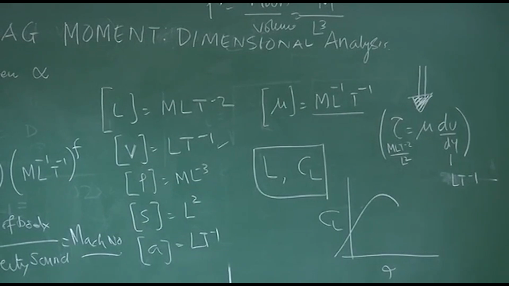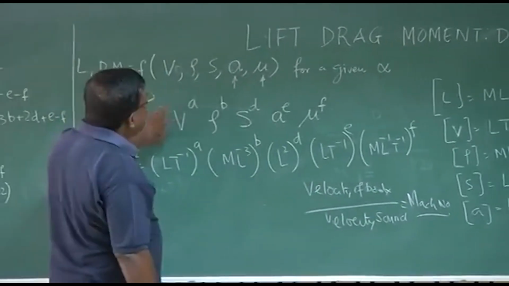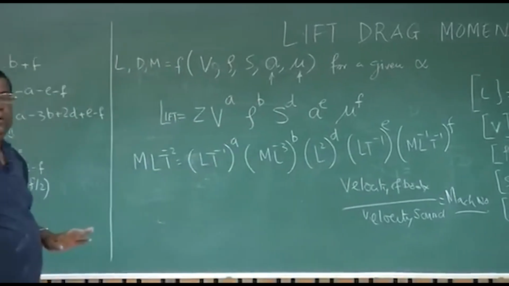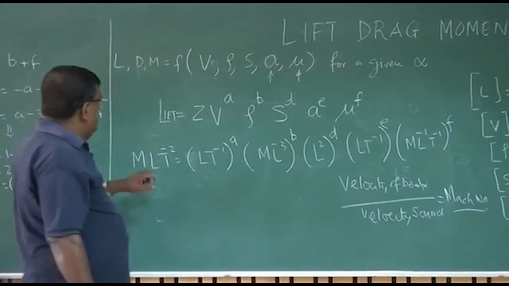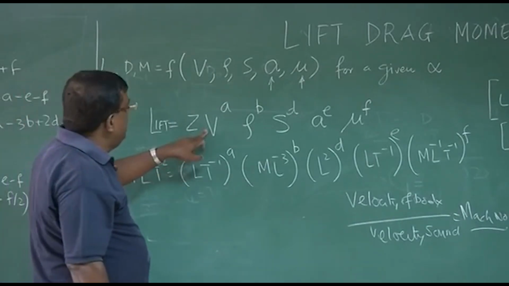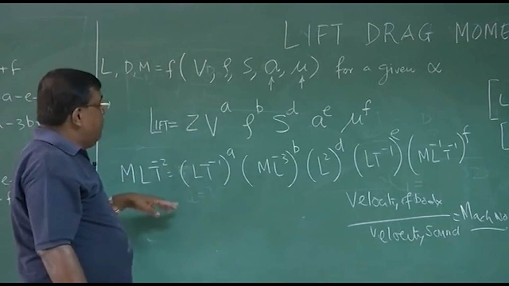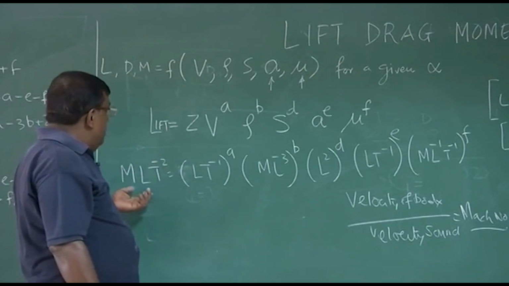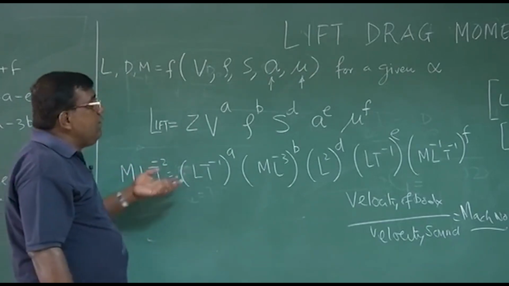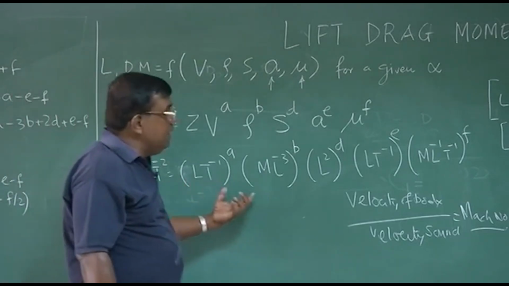Okay, once I know this, then I will compare their dimension. So for lift I will write M L T minus 2. For V, because Z is dimensionless, but I am comparing the dimensions because if it is consistent, then the dimension of left hand side and right hand side should be same.